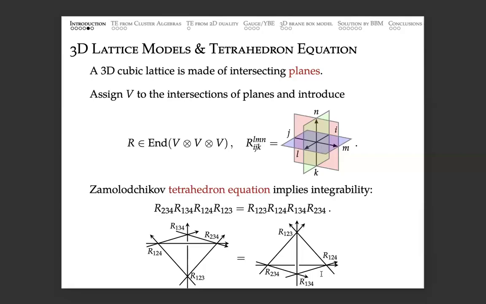And the tetrahedron equation says the partition functions you calculate on the respective sides are equal. So that's the tetrahedron equation, and that implies the integrability of the 3-dimensional lattice model, okay? So this is a fairly natural generalization of the Yang-Baxter equation.